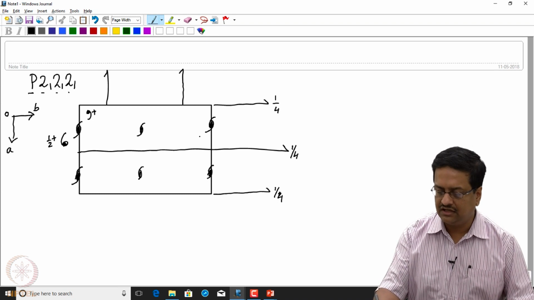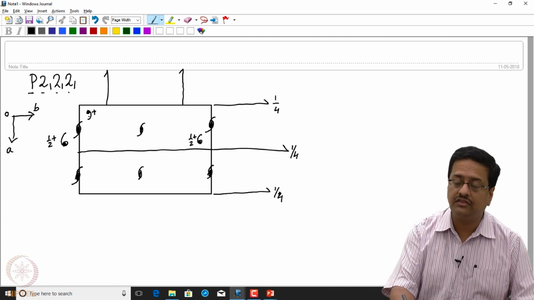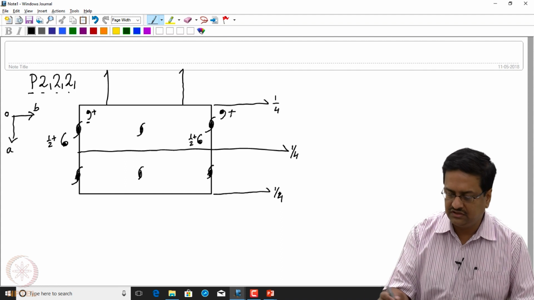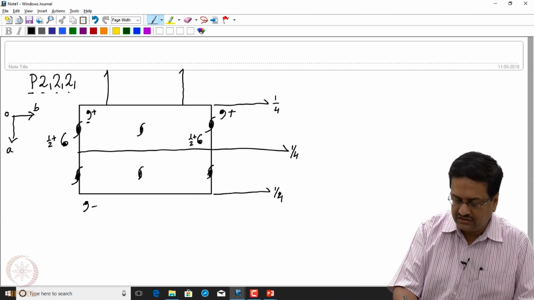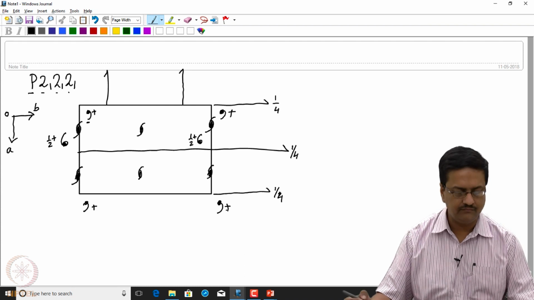If I bring it inside the unit cell by adding 1, it should appear here. We have not drawn the translation related object here, so the translation related object for that should come out of the unit cell. That should appear here and that should appear there as well.